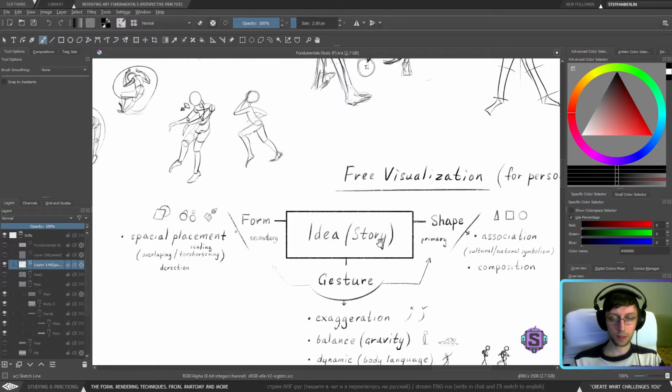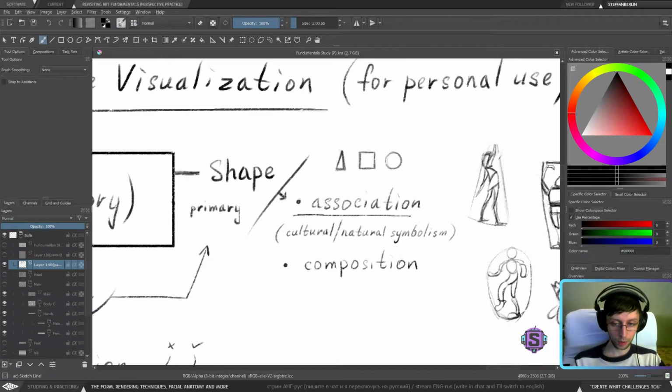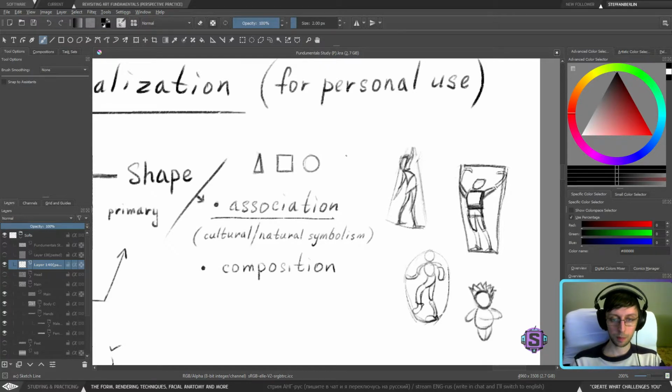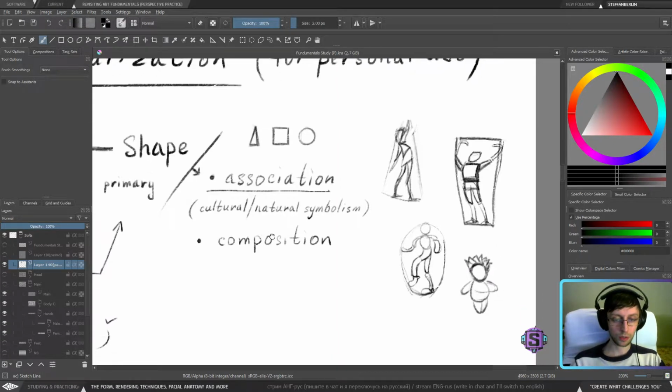Again, just to repeat myself, we're going to design shape by adding associations to it, by making the right and proper decisions about what type of shape we're going to use for each part of the body, which will support the character, which will add this cultural and natural symbolism to it. It also will, of course, add to a silhouette too, so this is where silhouette works quite a bit too.